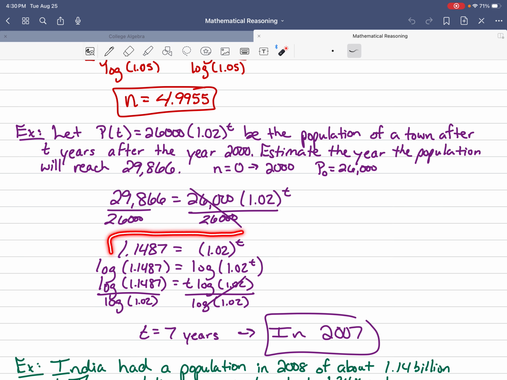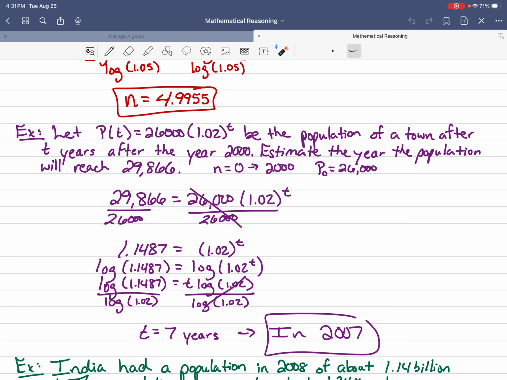Again, what we've been doing at this step, we can't do any more to this, so we're going to take the log of both sides. That gives us log of 1.1487 equals log 1.02 to the power of t. Again, remember, when you have an exponent, that comes down in front of your log, so that gets us here, where we have log 1.1487 equals t log 1.02.